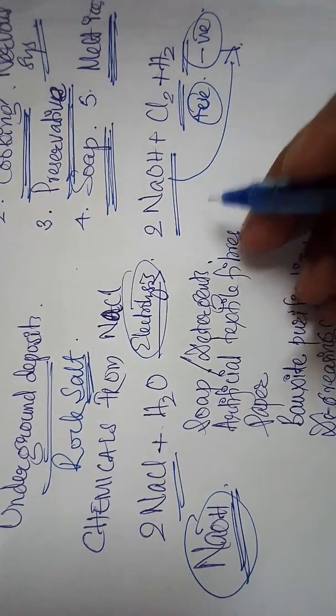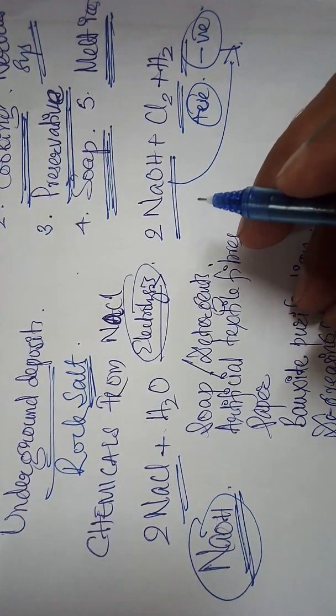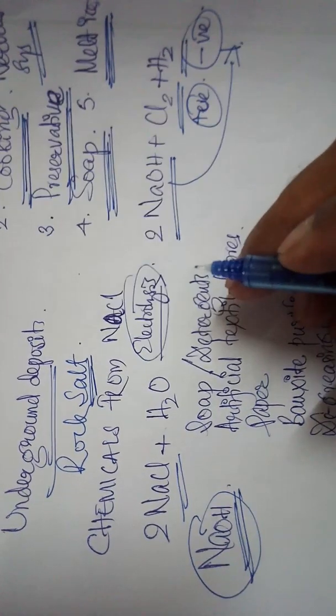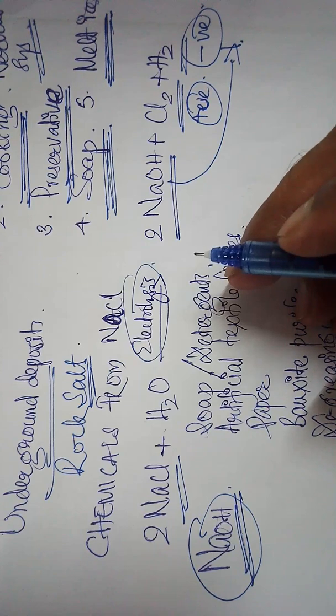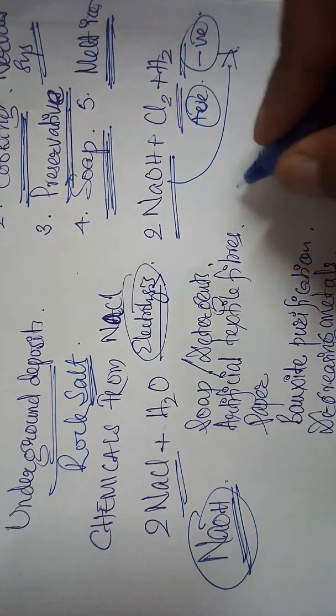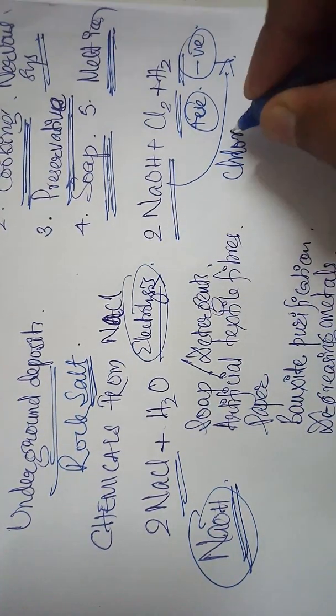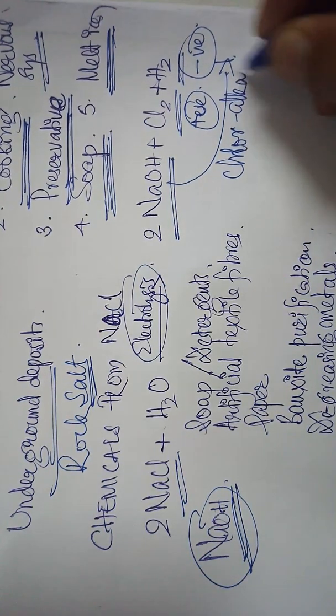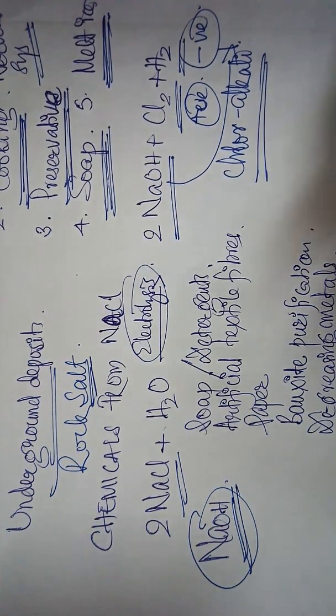The process of electrolysis of sodium chloride solution, otherwise known as brine solution, is called the chlor-alkali process.